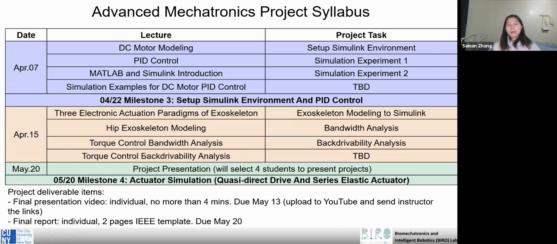After these 4 parts, you will know your project tasks. The project tasks are very similar to these 4 parts, so please listen carefully to the 2 parts.